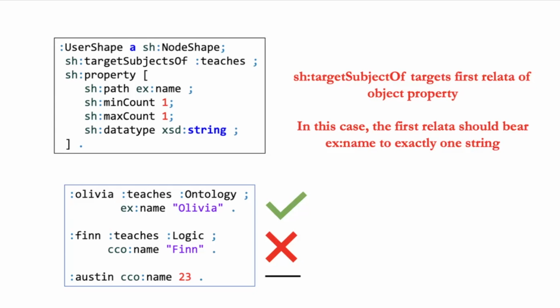Namely, they have to have an EX name, exactly one, and it has to have a string. And so in here we have Austin, and he does have a CCO name, which is not an EX name, but he's also not in the domain of teaches. He's not a teacher. So it just kind of ignores this. Does that make sense? Yeah. Awesome.